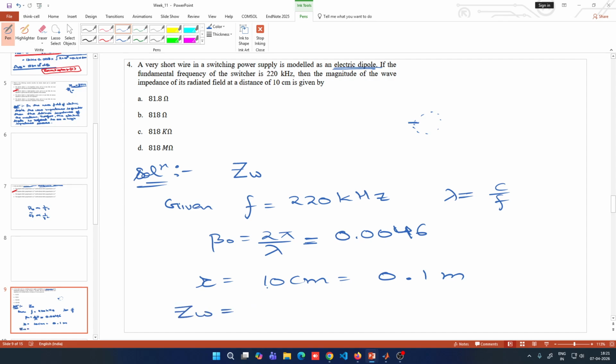ZW is given by 60 into lambda naught by R. When we solve it, it comes out to be 8.18 into 10 to the power 5 ohms, so it will be 818 kilo ohms. So the correct option is option number C.